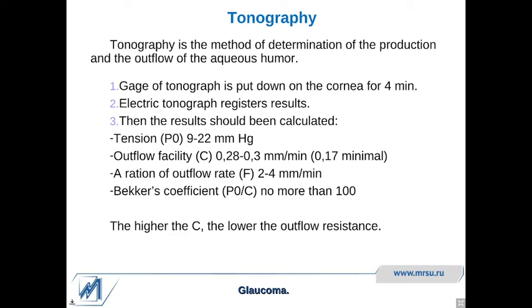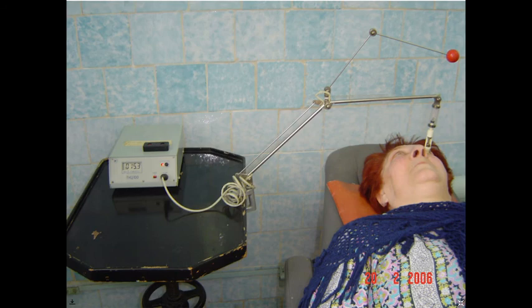Also outflow facility, letter C, and the rate of aqueous production, letter F, in tonography. And the last is Becker's coefficient. It must be no more than 100. Here you see on the picture the procedure of tonography.